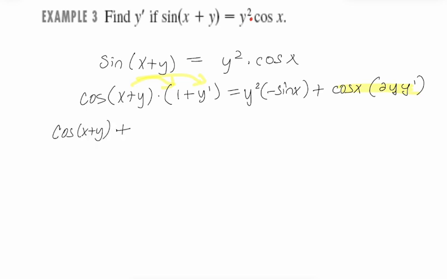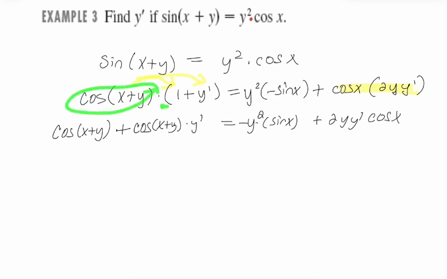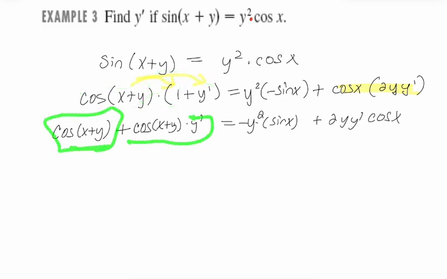And then we'll have a plus, and then we'll have another cosine of x plus y times y prime. Now we have our terms separated. I'm going to make it look a little simpler, but not much. Okay, so I just made it a little nicer. There is one thing multiplied by 2, so you're going to distribute. That's why I have 1 term and 2 terms.